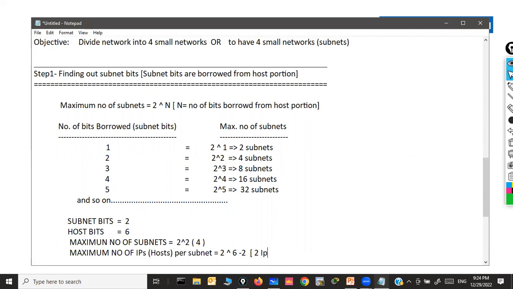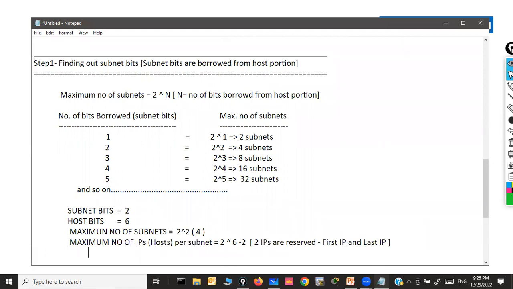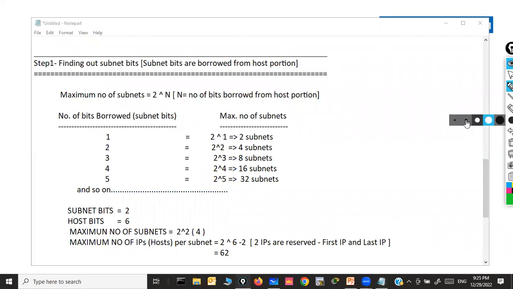Which ones? First IP and last IP. So in hosts, we have to subtract 2. The end result is 2 raised to the power 6, which is 64, minus 2, so 62.